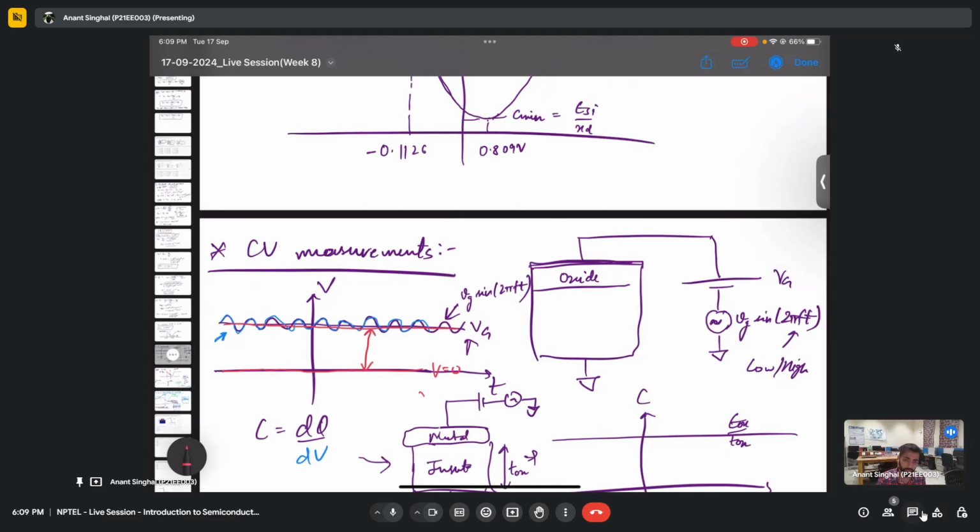If we say I have applied 5 volt, we think that this 5 volt is already there, but there is some time it takes to go from 0 to VG also. So that DC sweep I'm saying is very fast. So it will go to VG in an instant, and then this AC frequency is also quite high. By frequency high, I mean this, and the pulse will be very, what to say, the bits will be very less. Make sense?